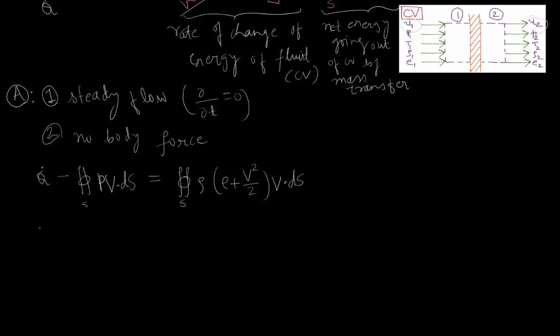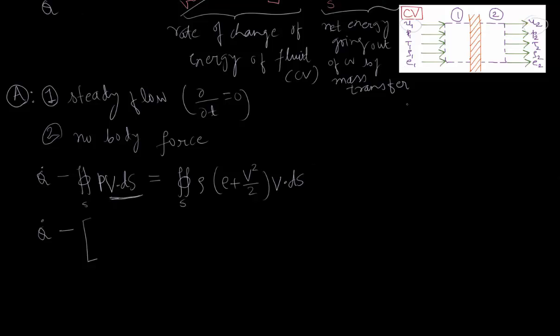So our equation will become Q dot minus, we will perform this integral over our control volume surface. So in bracket P into V dot ds, here V dot ds is a dot product.